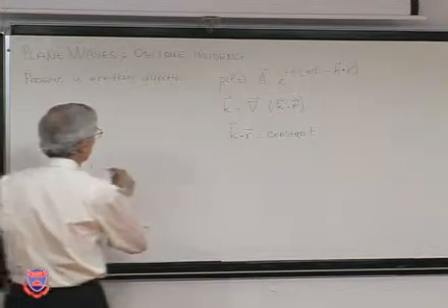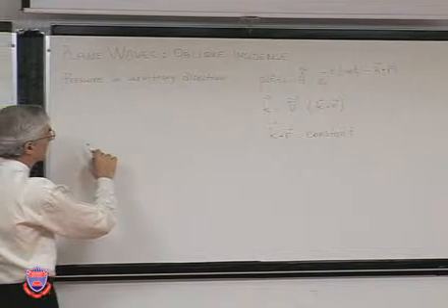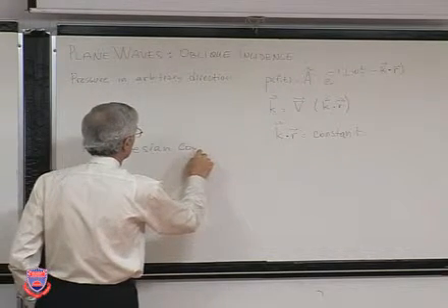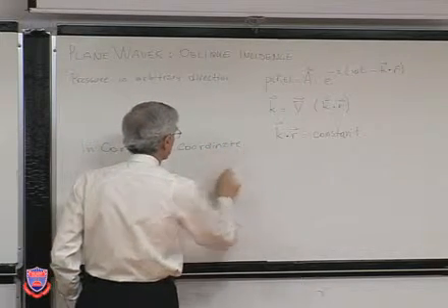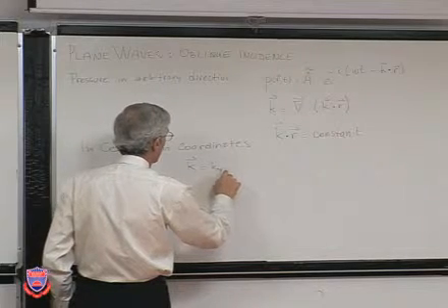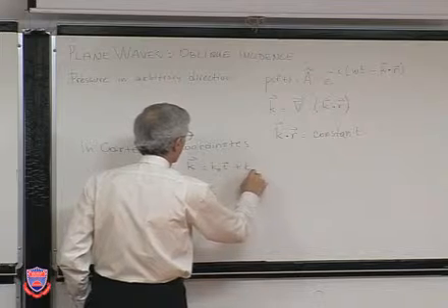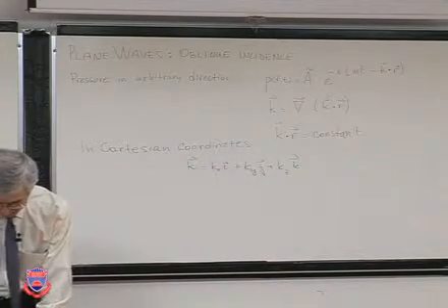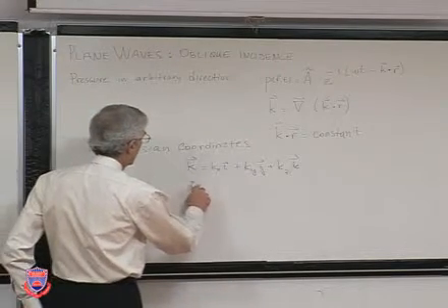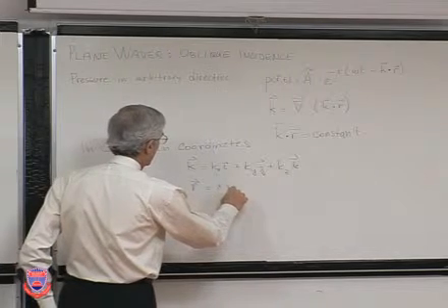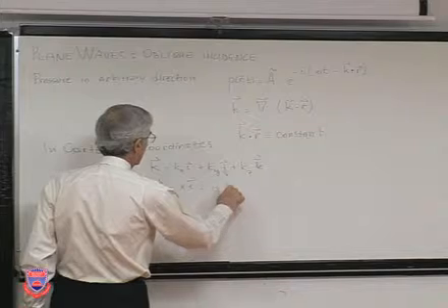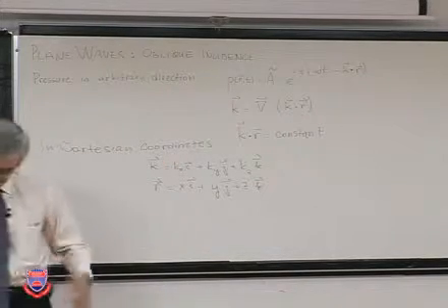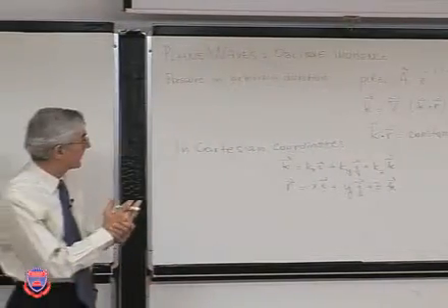Now, this is in some arbitrary coordinates, but in Cartesian coordinates, of course, the vectors I, J, and K are unit vectors.